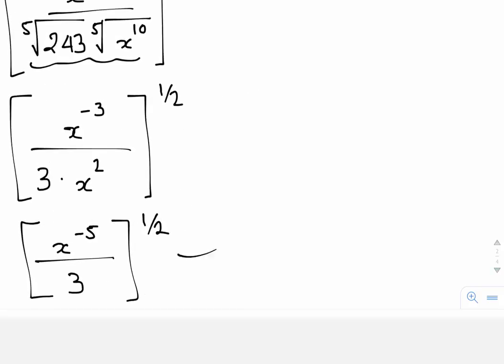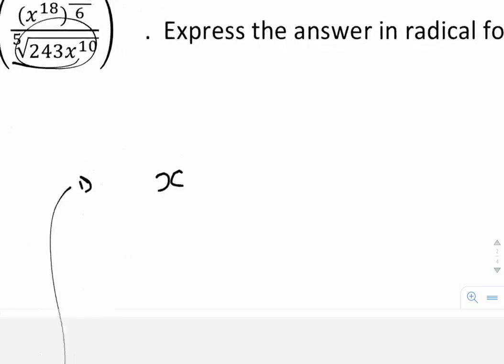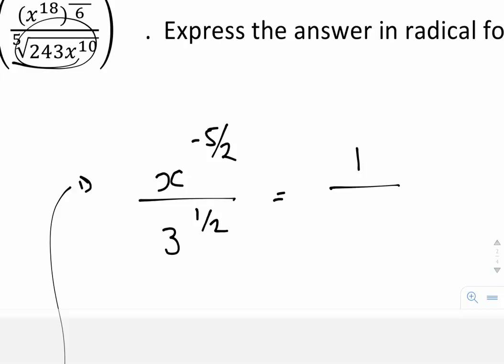And finally, I'm going to apply the 1/2. So I have x to the exponent negative 5 over 2 over 3 to the 1/2, which gives me 1 over 3 to the 1/2. I'm going to bring the x into the denominator, so I get 5 over 2.